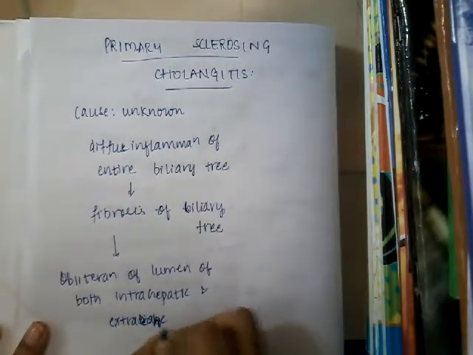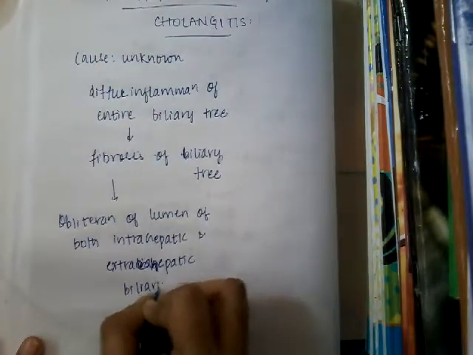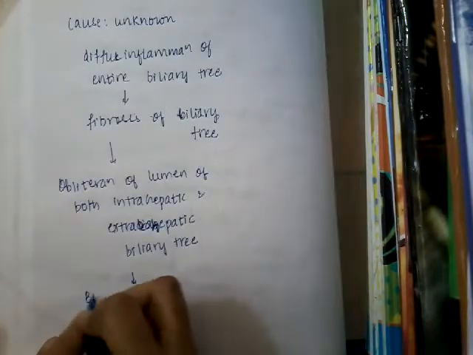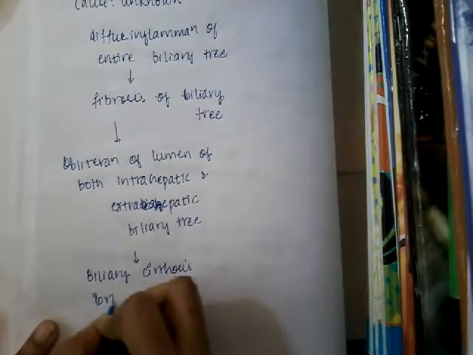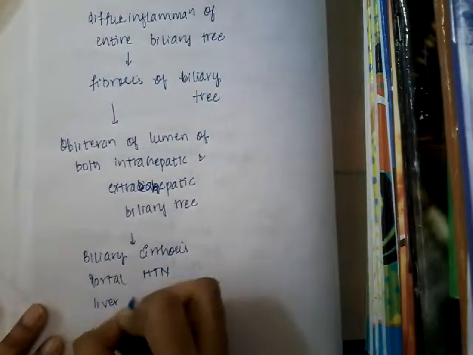Whenever there is obliteration of the lumen of intra and extrahepatic biliary tree, this causes biliary cirrhosis and then portal hypertension and liver failure.